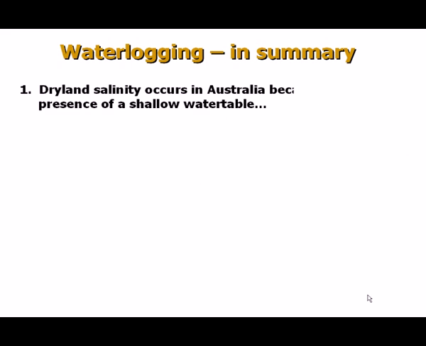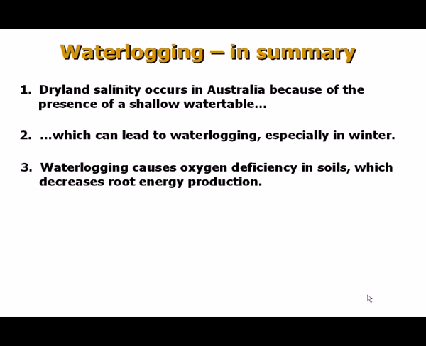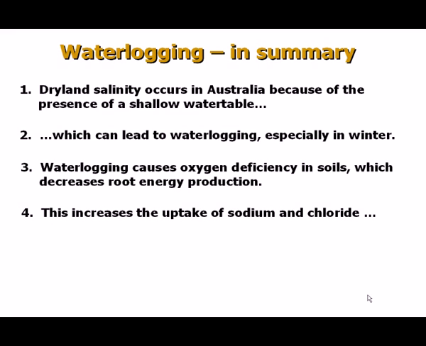Okay, so waterlogging in summary. Dryland salinity occurs in Australia because of the presence of shallow water tables, and those shallow water tables can lead to waterlogging, especially in winter. Waterlogging causes an oxygen deficiency in the soils, and that decreases root energy production very dramatically.